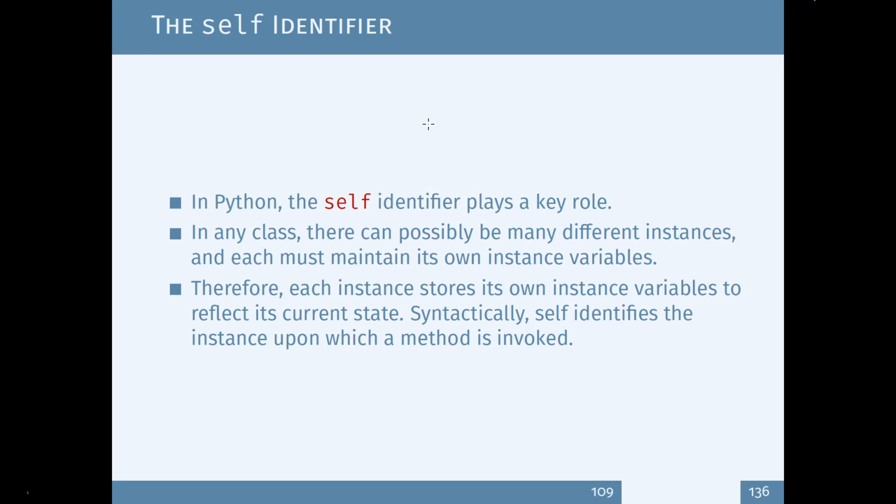Therefore, whenever you want to store instances, each keeps its own instance variables to reflect its current state. So self is a keyword that we can use to indicate which instance the method is actually invoked on.